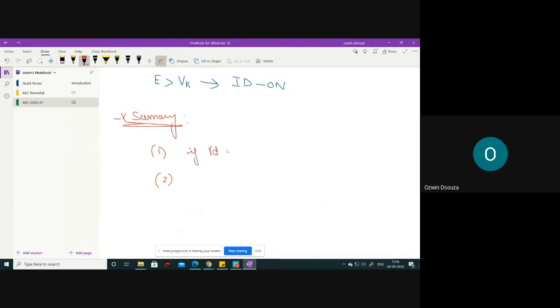If RD is given, then your equivalent circuit should be of this kind. This is your RD.